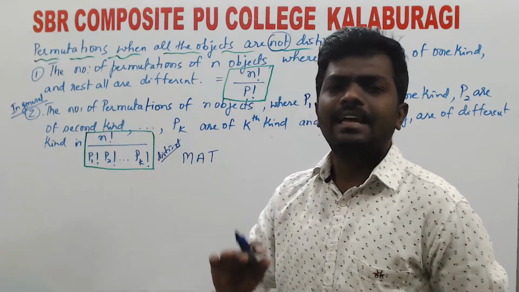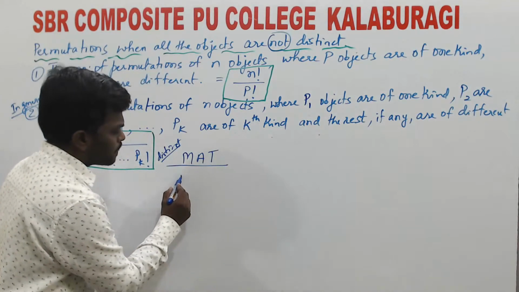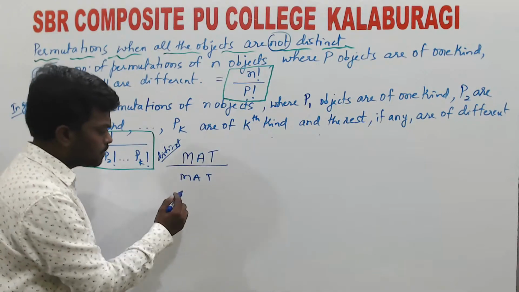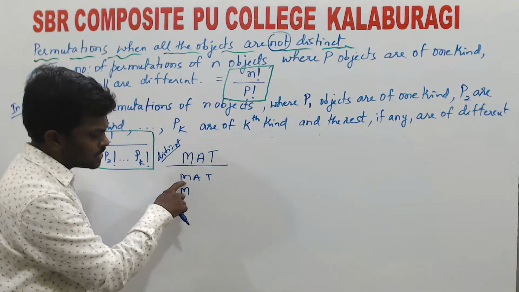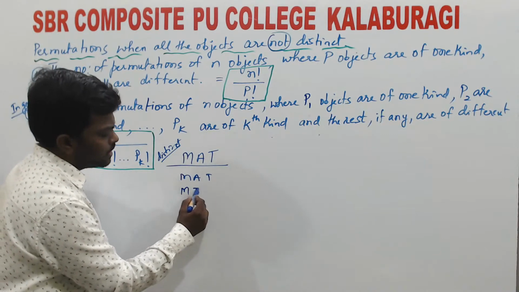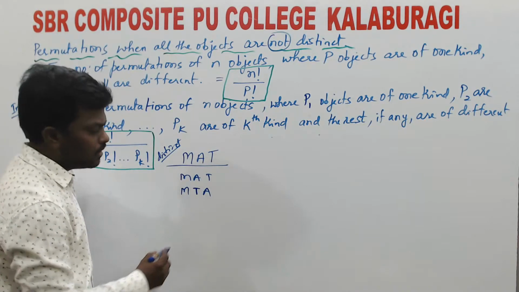Now let us write down the arrangements and see. Let me fix m first and arrange a and t: mat, mta.